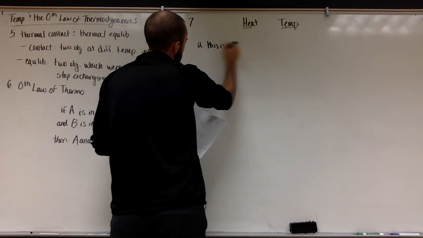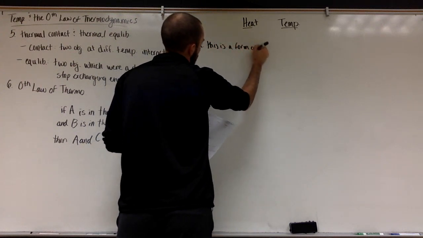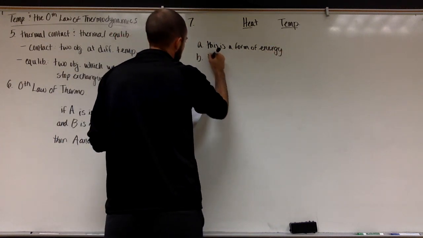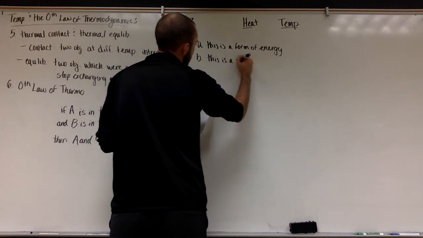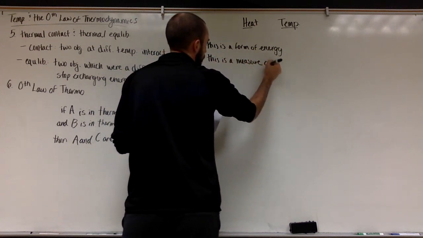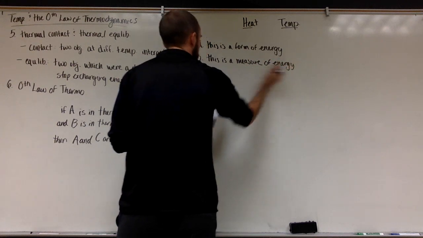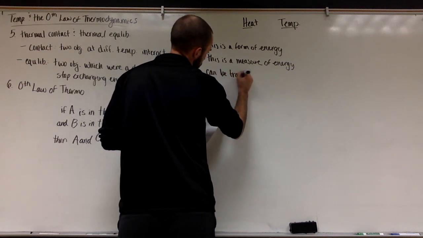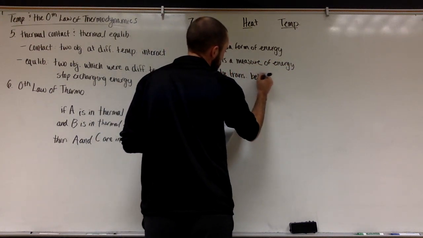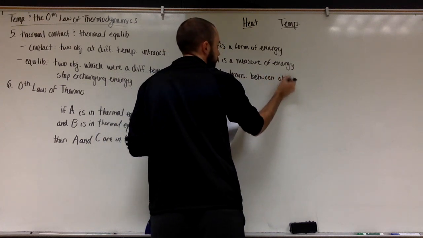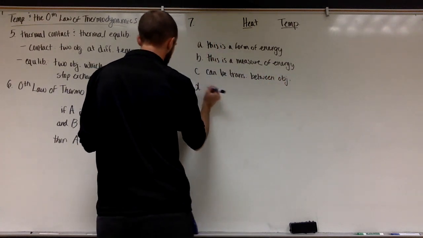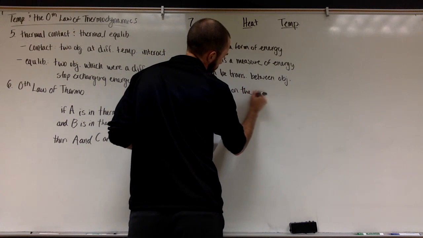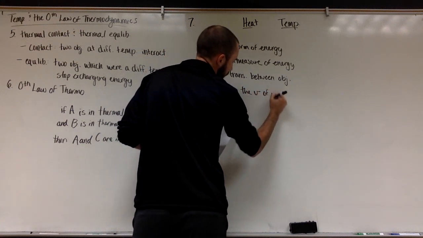A, this is a form of energy. B, this is a measure of energy. C, can be transferred between objects. D, it depends on the velocity of particles.